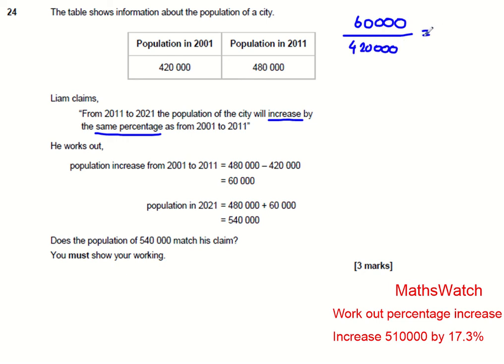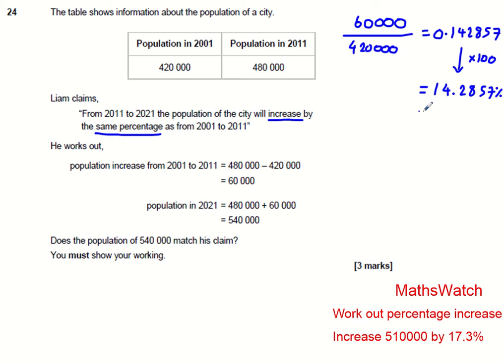That gives us an answer of 0.142857, and there's more numbers after that. It's a long decimal. Now that, as a percentage, if we multiply it by 100 to turn it into a percentage, will be 14.2857%.